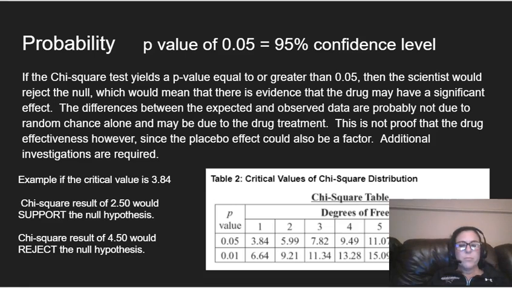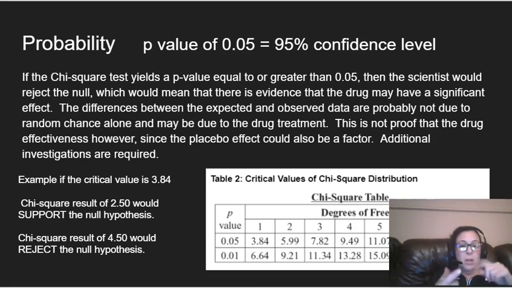So let's say that I have looked at this drug analysis. I've compared my results from the drug that I'm giving people to the placebo. And after I've done all of my mathematical equations, I actually have a chi-square value.